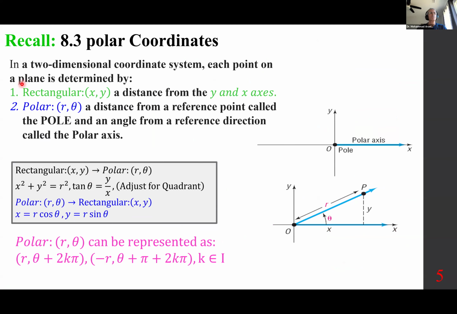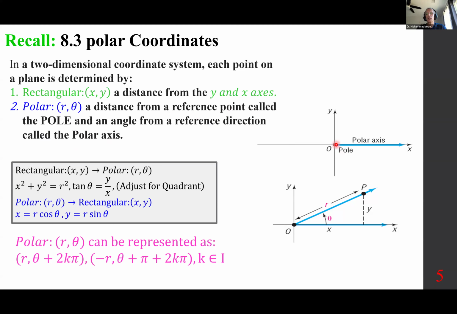Polar coordinates. In a two-dimensional coordinate system, this is extremely important to remember: each point on a plane is determined by rectangular coordinates x comma y, a distance from the y and x axes, or polar coordinates r comma theta, a distance from a reference point called the pole, and an angle from a reference direction called the polar axis.